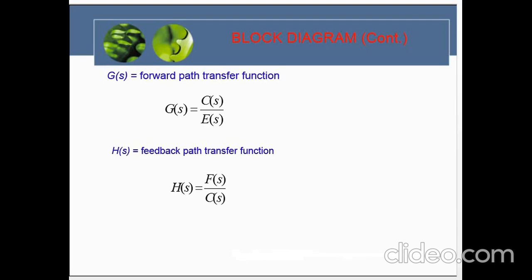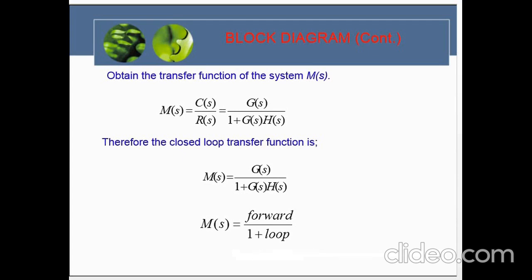So we obtain the transfer function of the system M(s). M(s) equal to C(s) per R(s) equal to G(s) per 1 plus G(s)H(s).